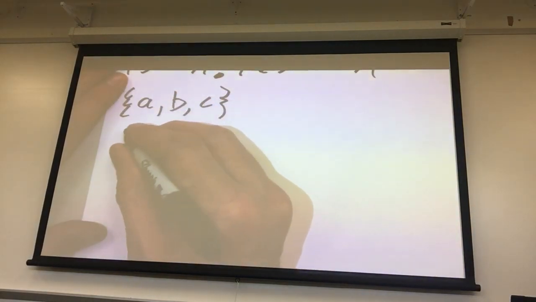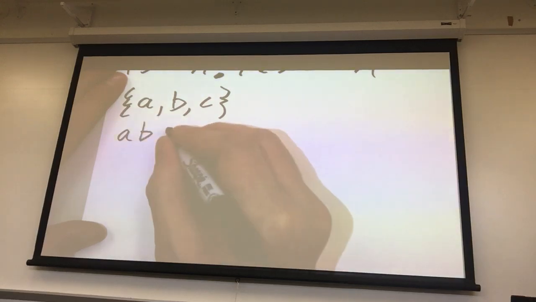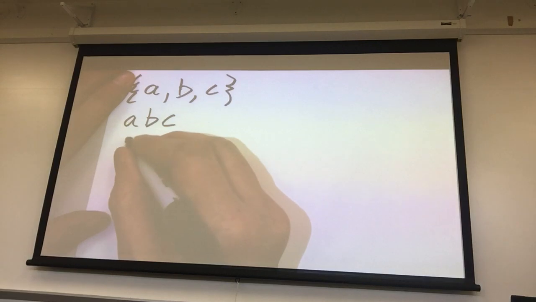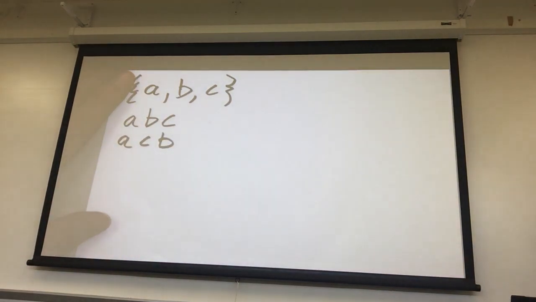We'd start off, let's put A at the beginning: A, B, C. Well, A, C, B would be another permutation.